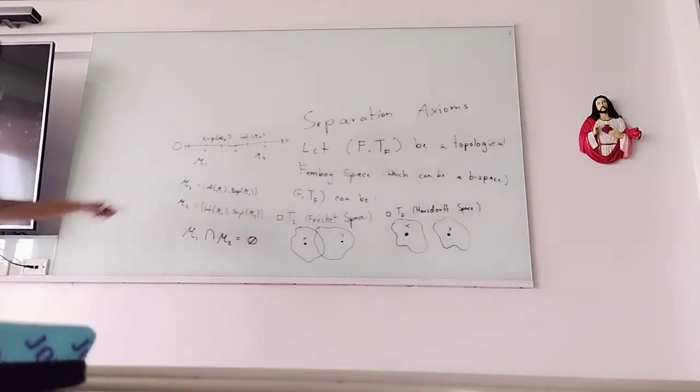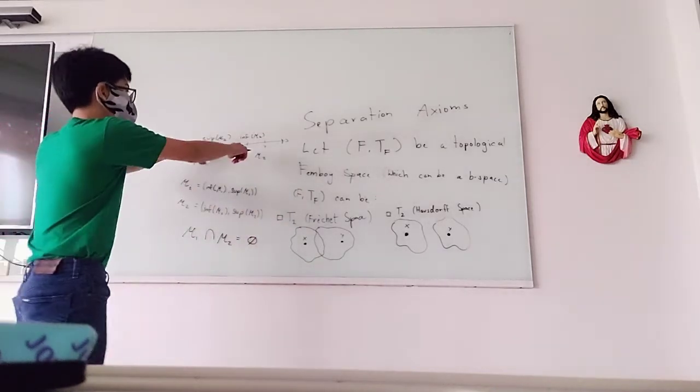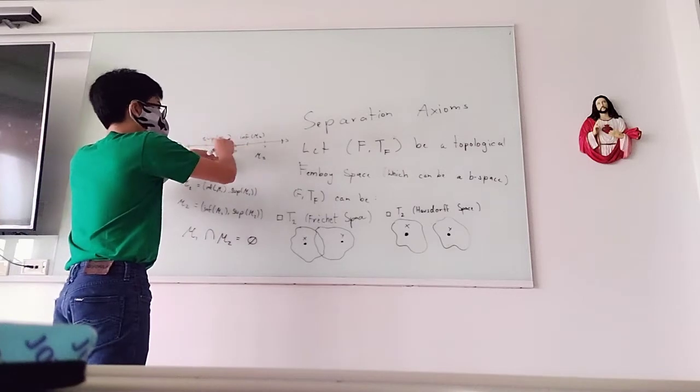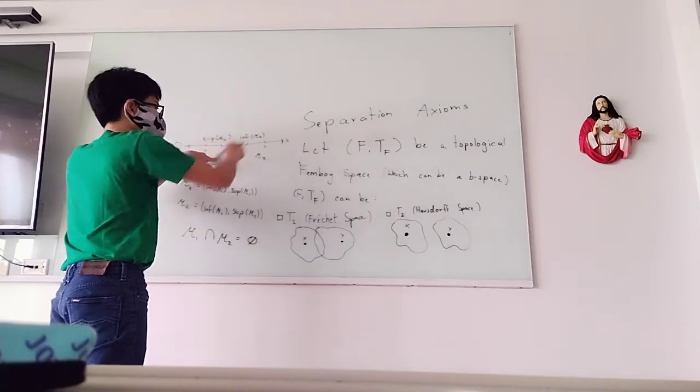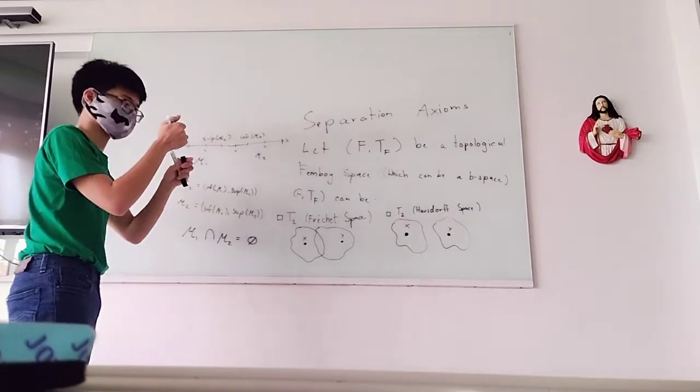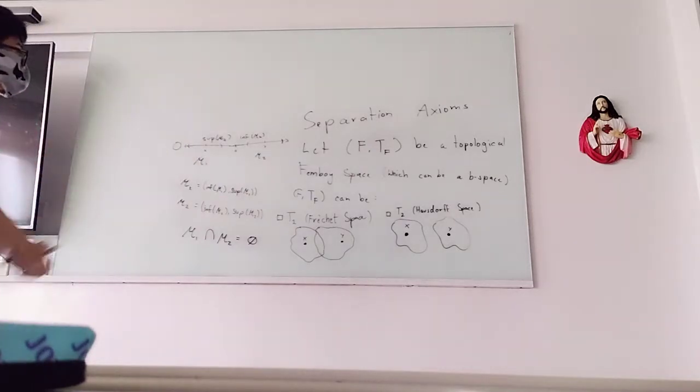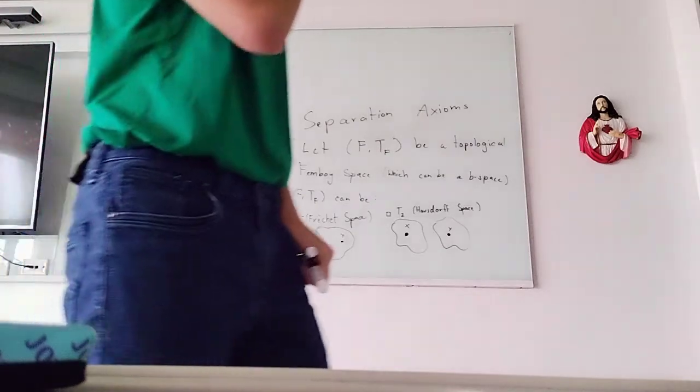So we have nothing here, because notice that the supremum of mu1 is less than the infimum of mu2. It could be the converse, depends on how you want to phrase it. So that's that. Now we want to make a two-dimensional picture.